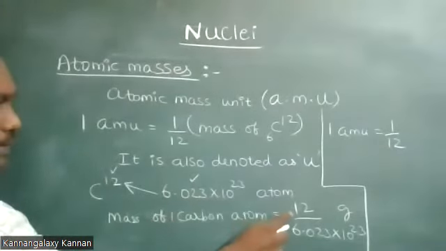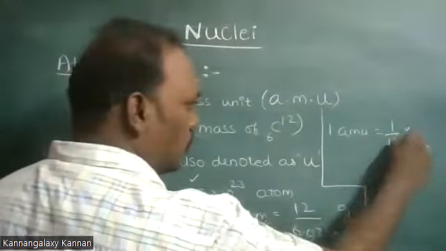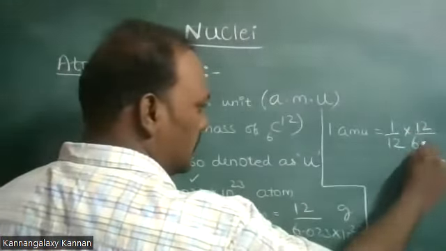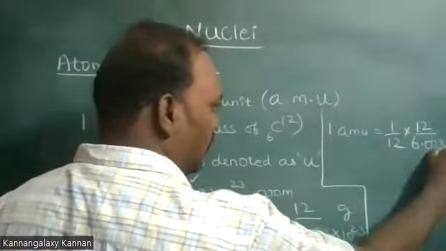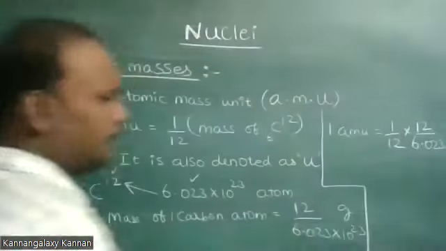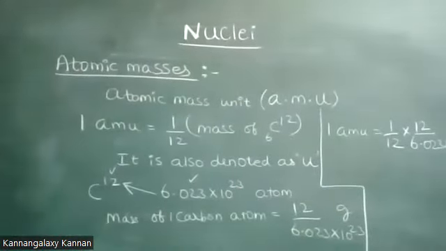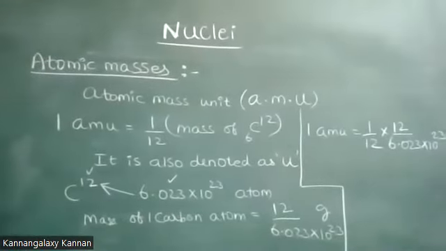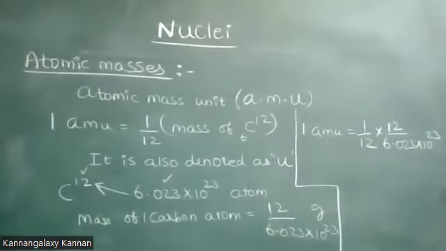The mass of one carbon atom is 12 by 6.023 × 10^23. On calculating, we get 1.66 × 10^-24 grams.